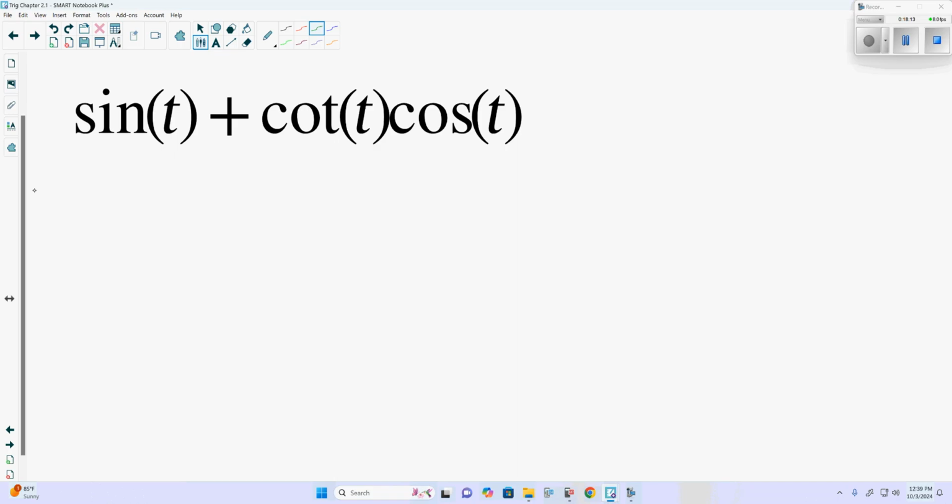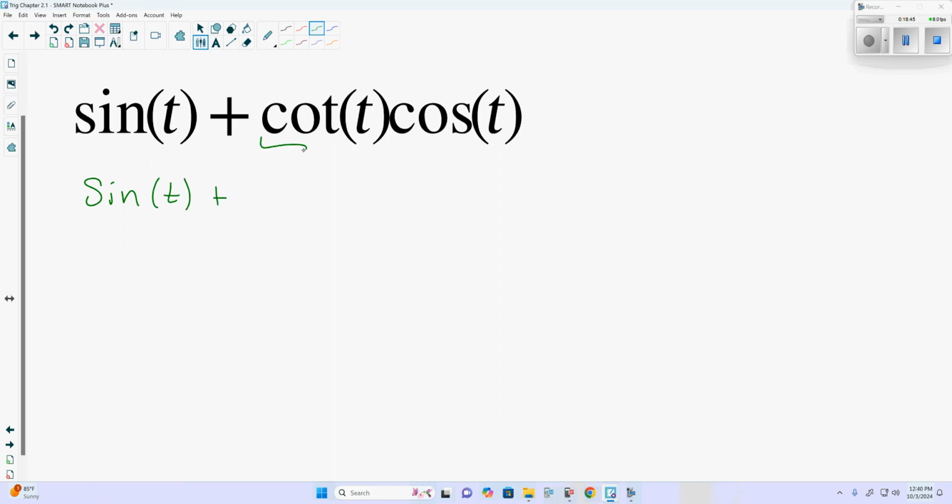So we want to simplify this down as far as we can. Now, these here, and especially on the homework, are going to be pretty much simplify the following expressions as simple as possible. The answers may vary. And there are some ways that the answers can vary from one to the next. But the best way I find with some of these here, especially this one, is to get it in terms of sine and cosine. Because sine of t is already in terms of sine.